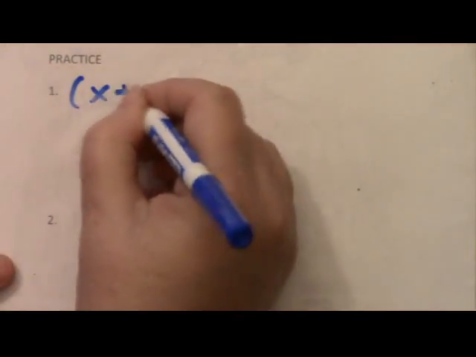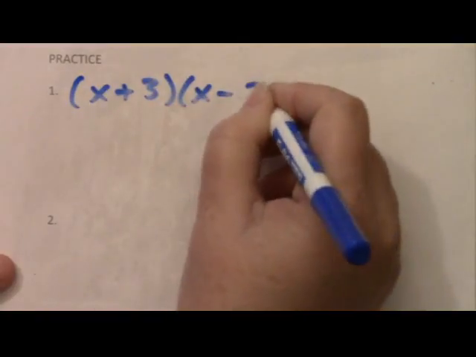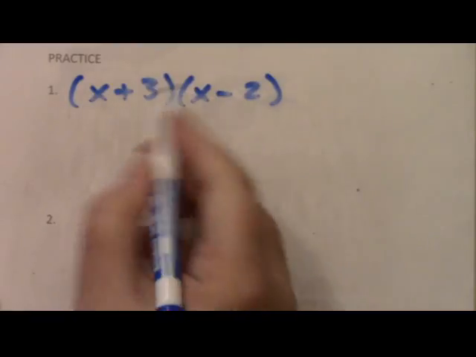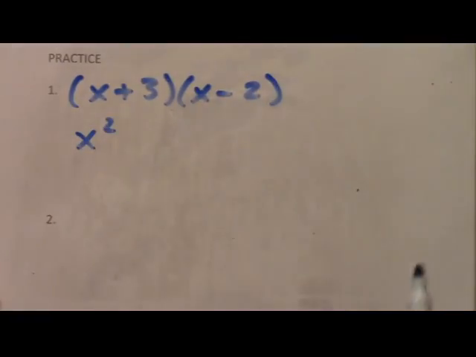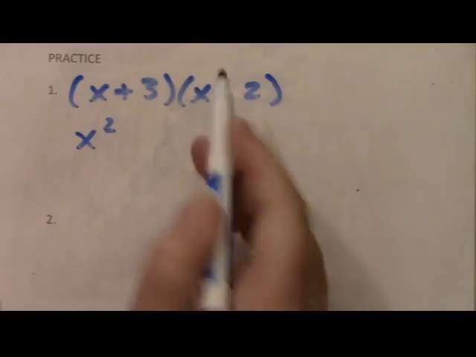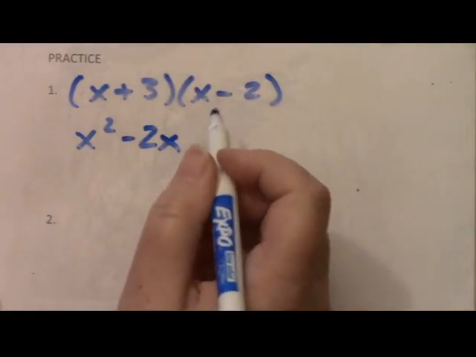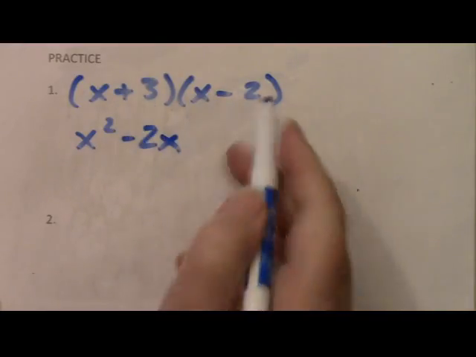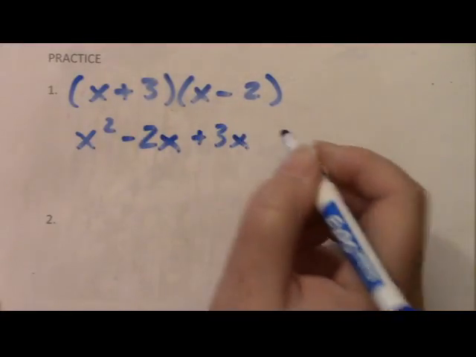Let's take x plus 3 times x minus 2. First, x times x is x squared. O, outside, -2 times x gives me -2x. The I, inside terms, +3 times x gives me a +3x.